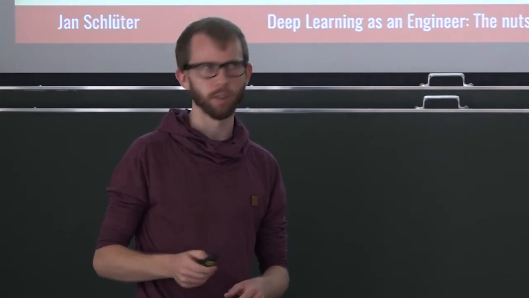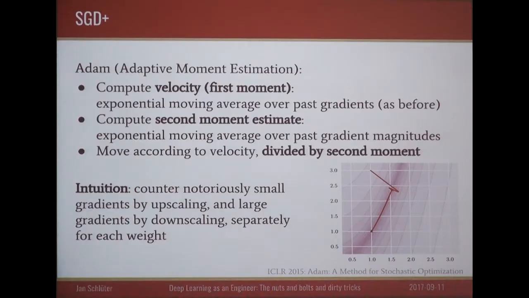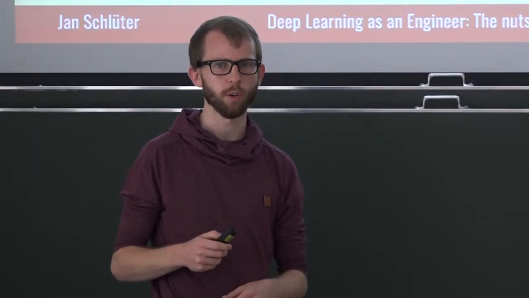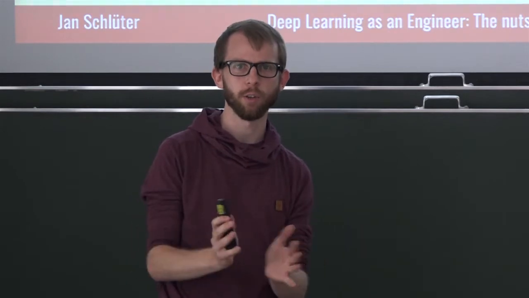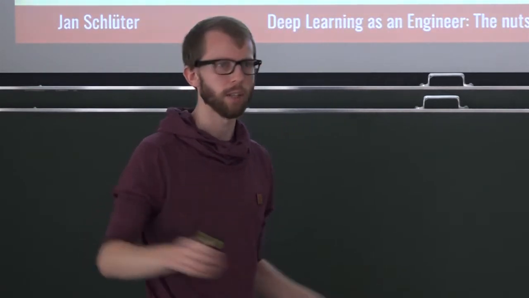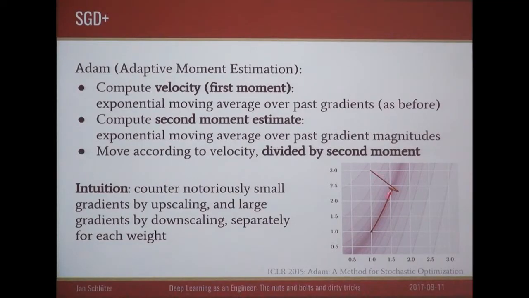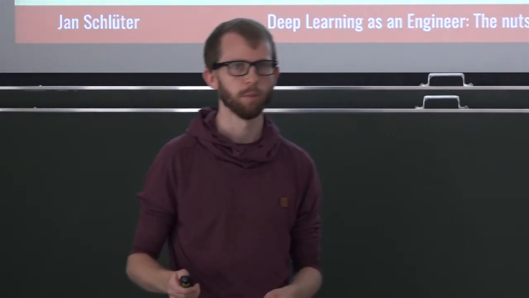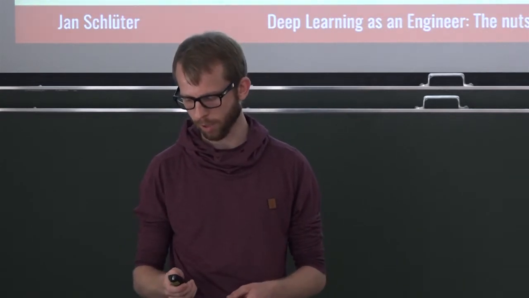So this scales the learning steps so that directions in which the gradients are always very large are scaled down a bit, and directions in which the gradients are very small are scaled up. So this gives a very smooth progress here. And it also works well in the kind of problems that are encountered in practice.